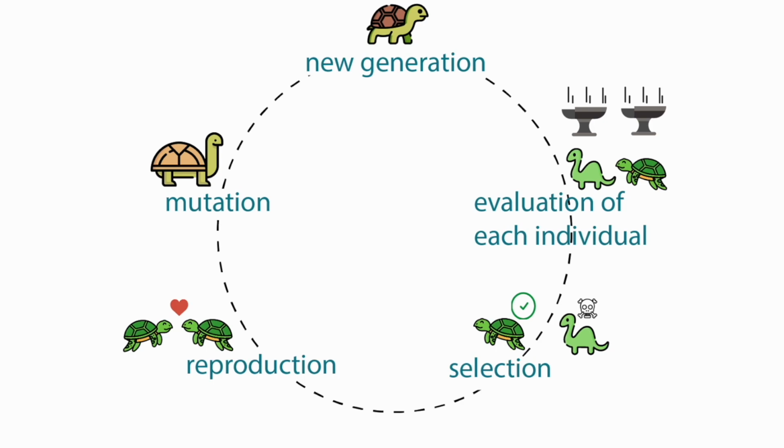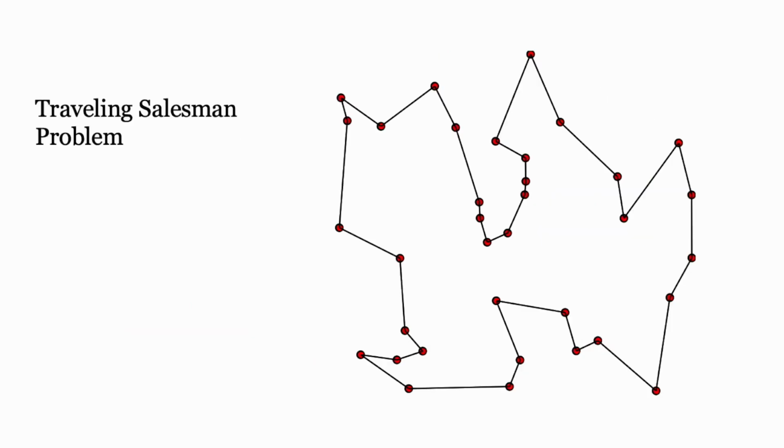Now that we have covered the basic steps, let's go over a small problem statement through which one can get a sense of how to code this thing. Let's say we want to use a genetic algorithm to solve the traveling salesman problem, a classic computer science problem. In TSP, we have a list of cities and the distances between each pair of cities.